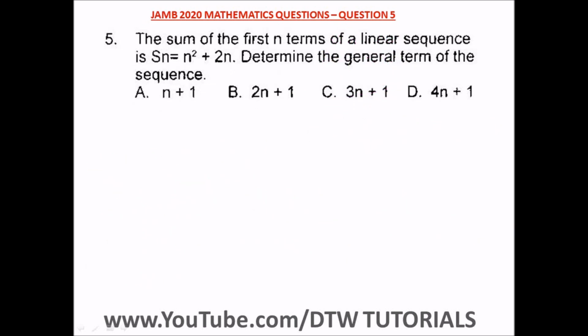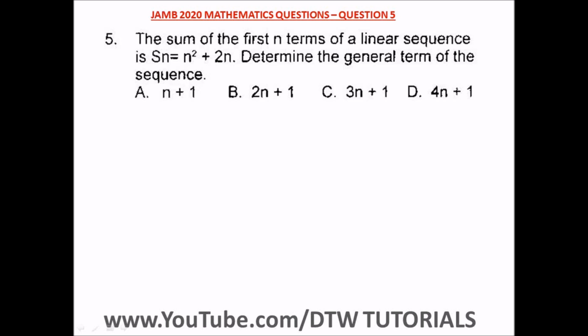So we start. Now this is question number 5 of 2020 JAMB mathematics. We're told that the sum of the first n terms of a linear sequence is Sn equals n squared plus 2n. So they said determine the general term of the sequence.